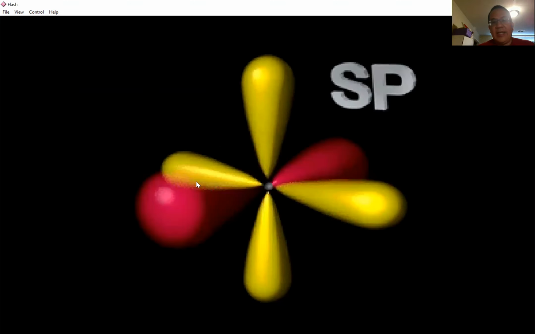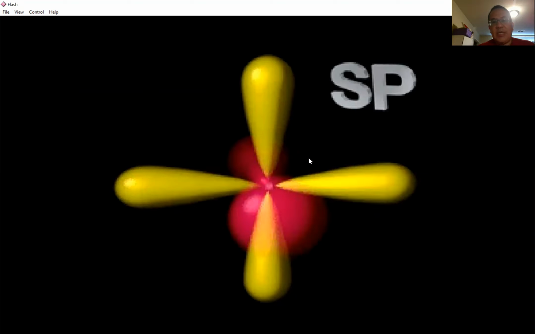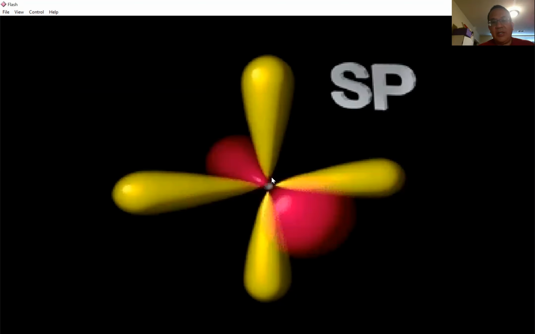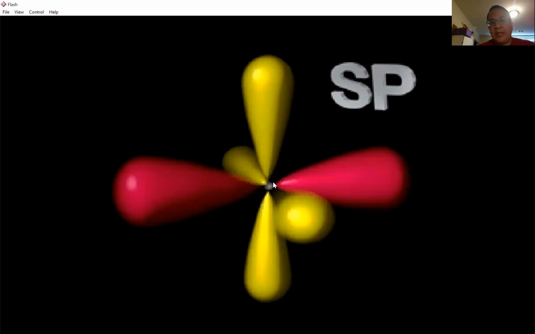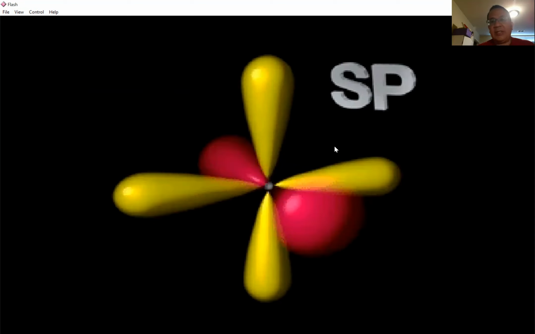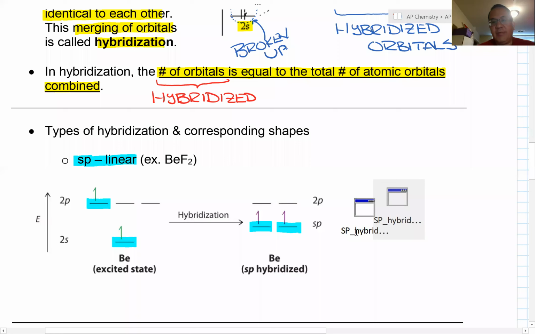So that is the sp hybridization. Notice the central blue is gone and it's merged together into this sp. Okay? Now, so that's where we get the linear model.